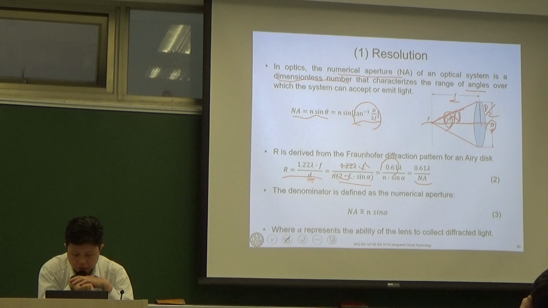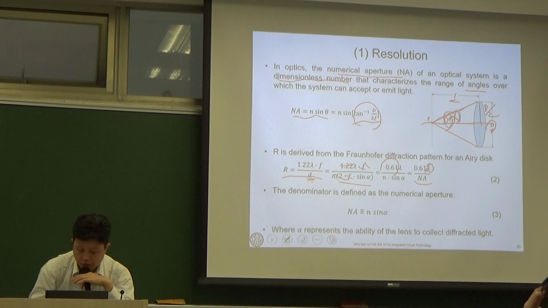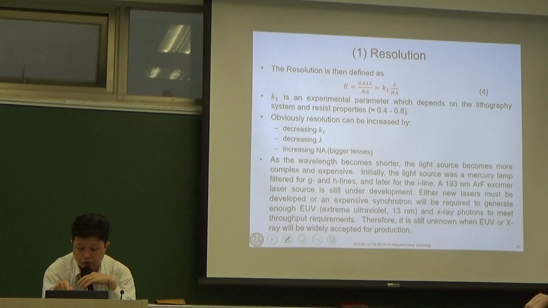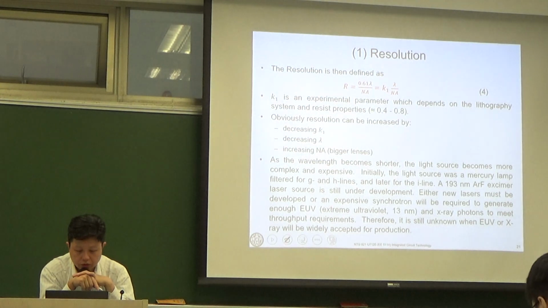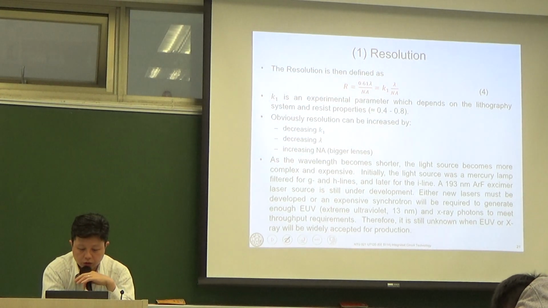So this is the resolution that we define in our projection system. The denominator is the numerical aperture, and the numerator is your lambda. We can write this 0.61 as a certain parameter that we call K1.